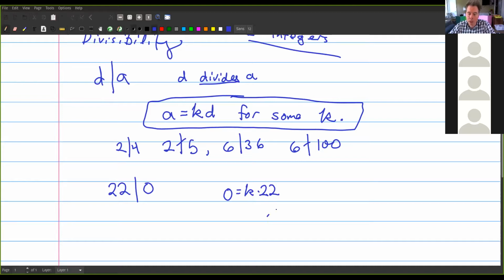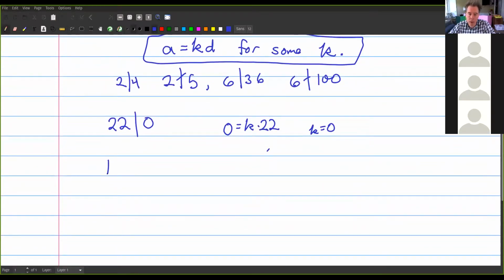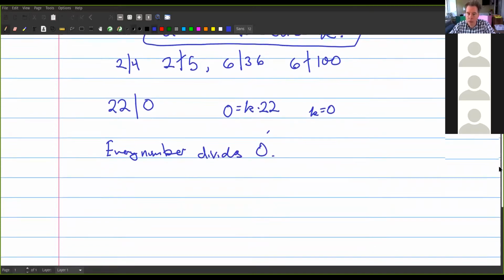Yes, and what is K? If K is 0, that's right. And so it's true that every number divides 0. Okay, so that's an important fact.